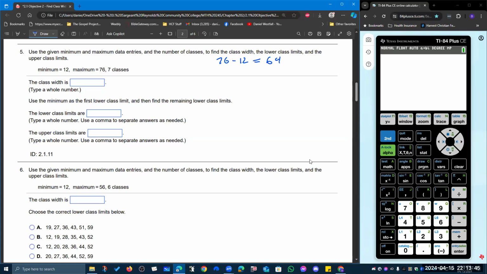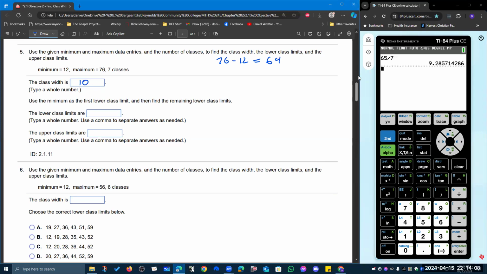We usually want to add 1 to that number, which is 65, divided by the number of classes, 7. That number is bigger than 9, so I need to have more than 9 in each class. I'm going to have to bump it up to the next integer. So the class width is going to be 10.